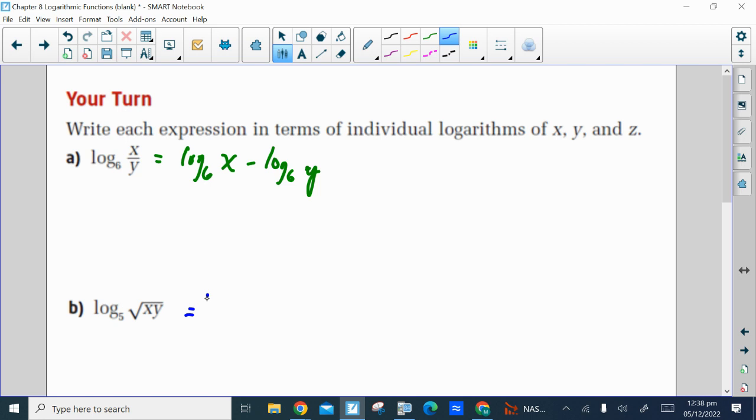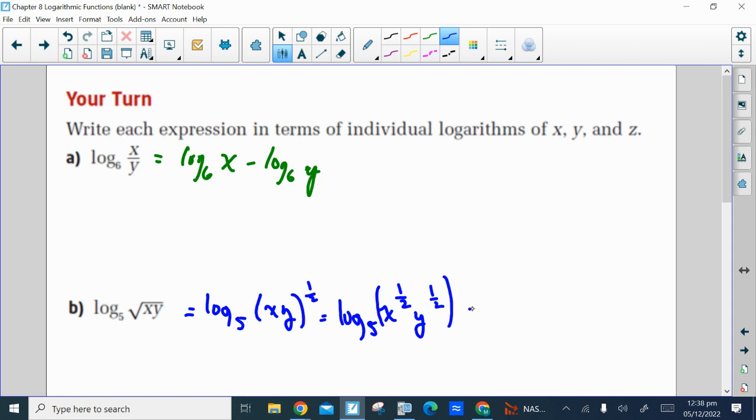Now for question B, that's log base 5 of x times y in brackets because the xy is under the radical. The xy have to be in brackets, both to the power a half. So this would be the same thing as log base 5 of x to the 1/2 times y to the 1/2. And now we can use the product law to break these up.